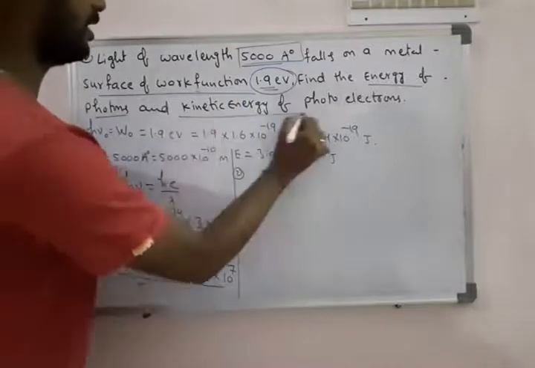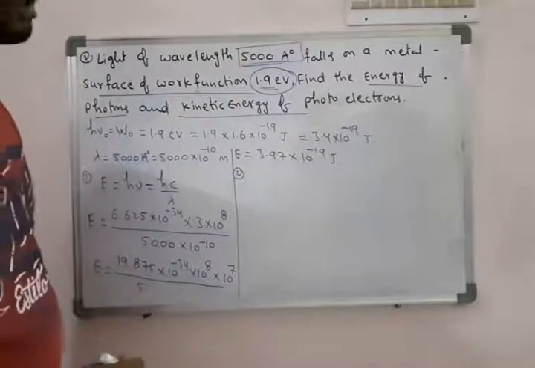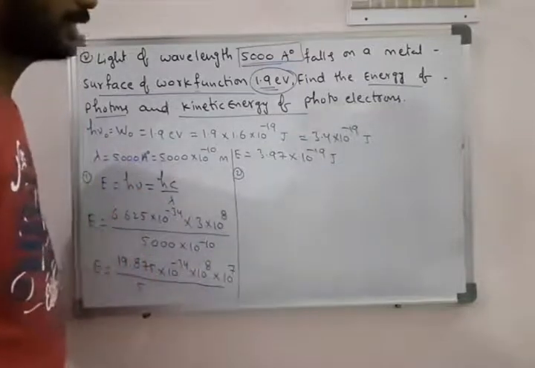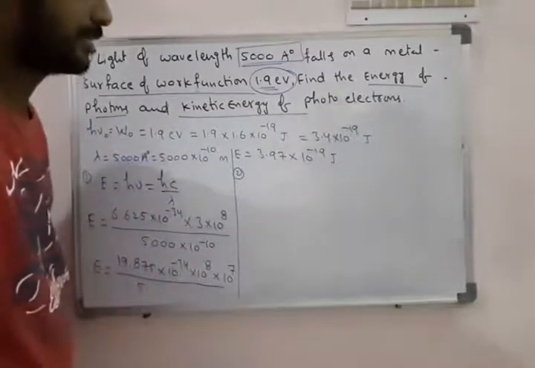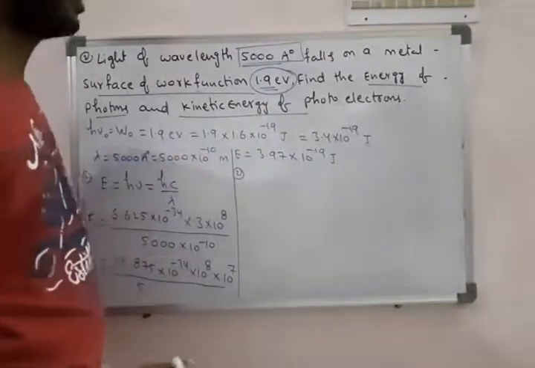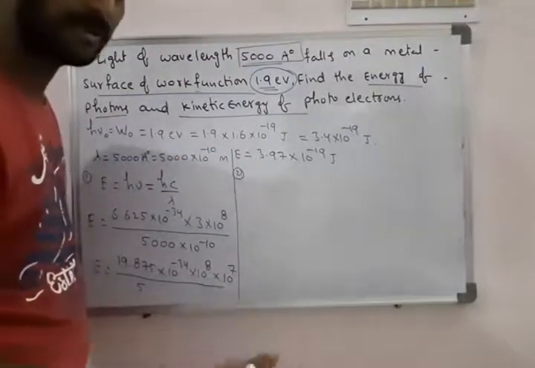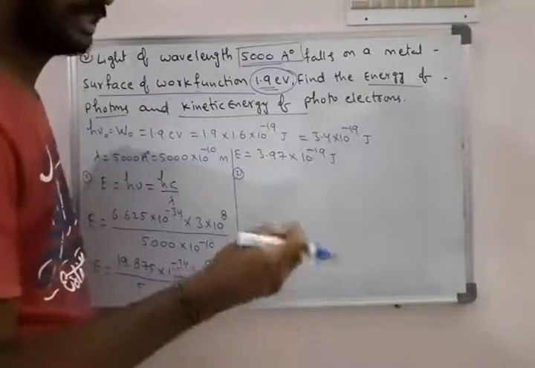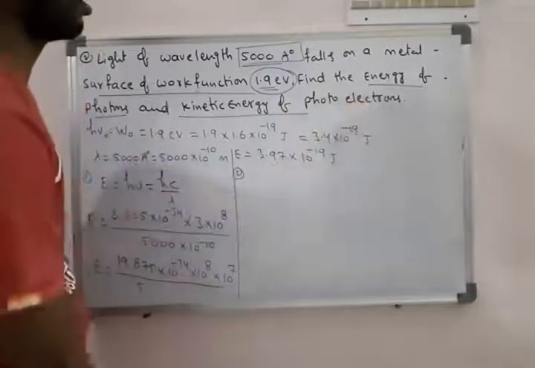We need to find the kinetic energy of photoelectrons. Photoelectrons means, in the photoelectric effect, the electrons ejected from the metal surface. By passing light of sufficient frequency on the metal surface, electrons are ejected from it. Those electrons are known as photoelectrons.